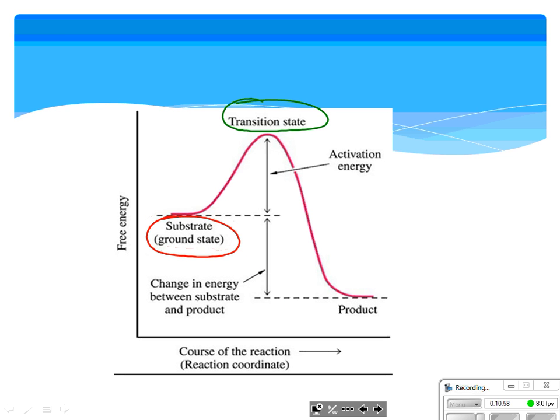But if we don't hit that level right there, that reaction's not going to proceed. If I only have enough energy to get me right here, do I have enough energy to convert those further into products? Absolutely not. So in terms of our magnesium in the crucible, we haven't heated it enough.